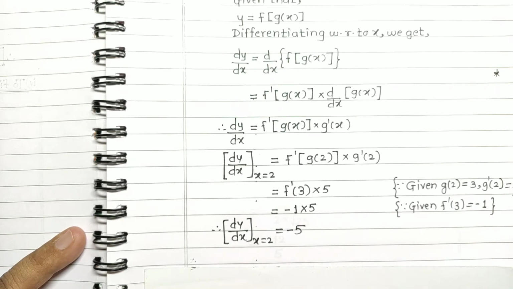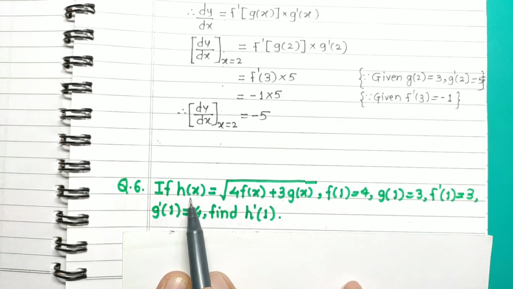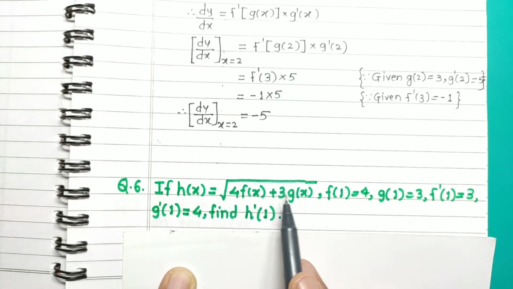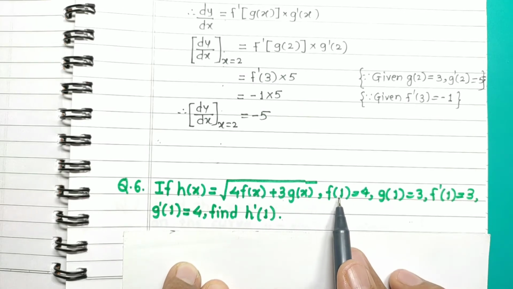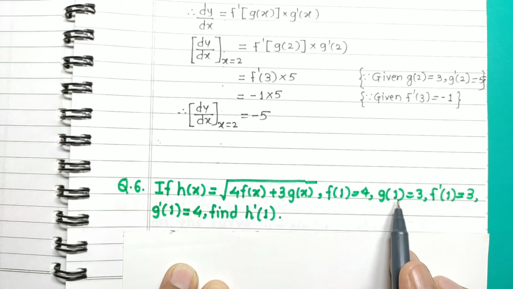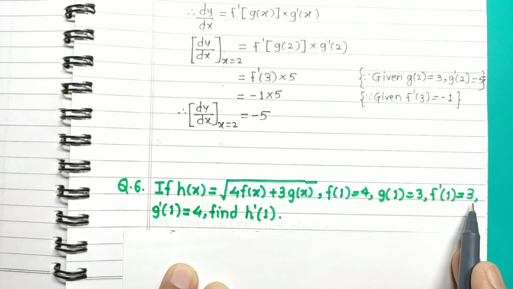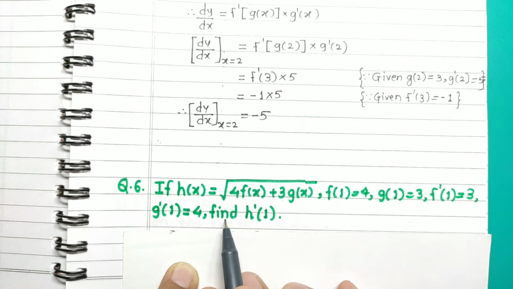Okay. Then the next, sixth example is, if h of x is equal to square root of 4 into f of x plus 3 into g of x, and f of 1 is equal to 4, g of 1 is equal to 3, f dash of 1 is equal to 3, g dash of 1 is equal to 4, we have to find h dash of 1.